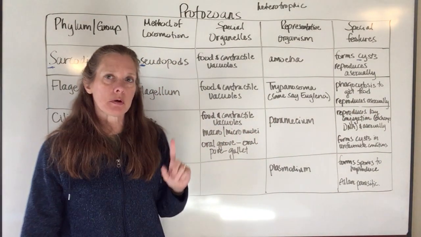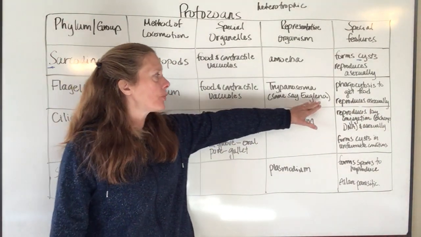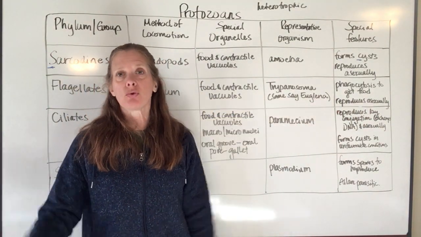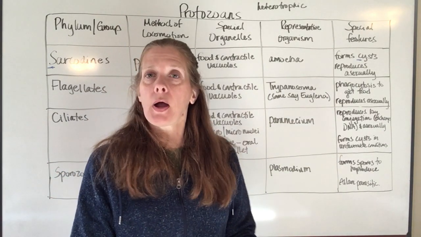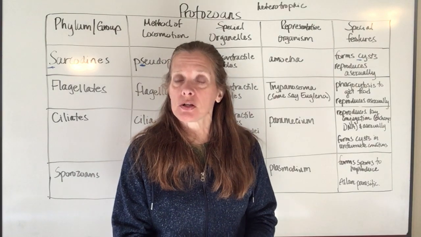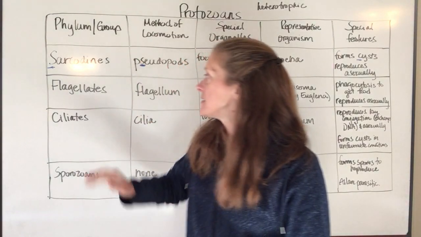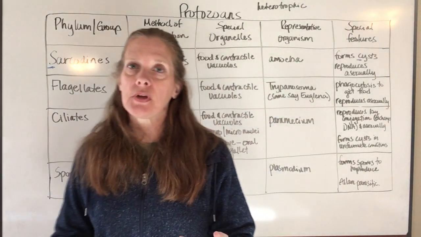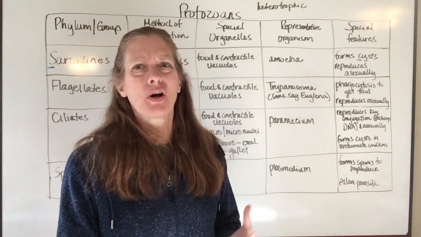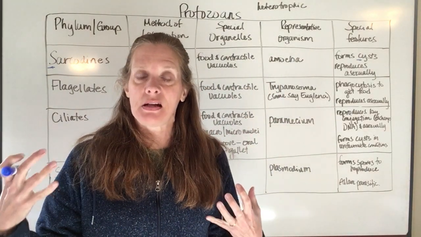Now, some biologists are going to put Euglena into this category as well. The last book that I taught biology out of said Euglena is in the flagellates, and others, in fact your book, said no, Euglena is not in the protozoans.